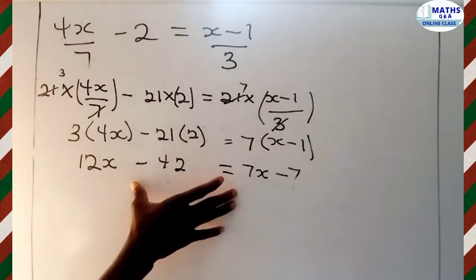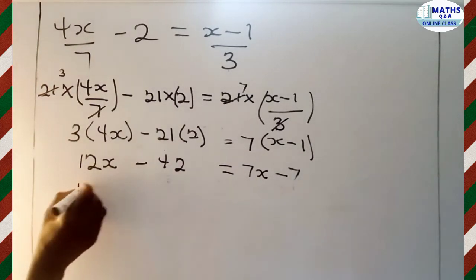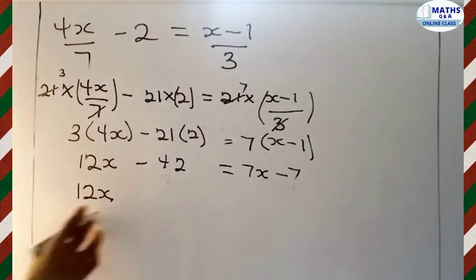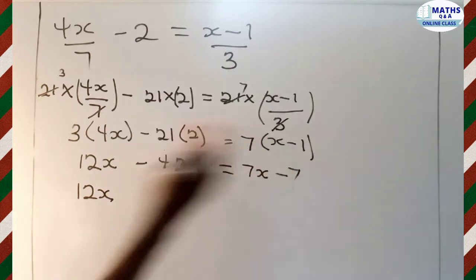Now that we've reached here, the next thing to do is to write all those having x in them at one side of the equation, and those that do not have x in them at the other side of the equation. That is what I used to say, simply put, group like terms, right? Good, but in this case we are focusing on the x. So let's take it as I'm writing those having x here. Now I have 12x. I want to send the 7x from the right-hand side to the left.